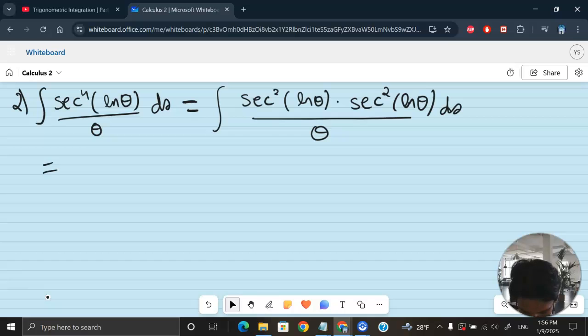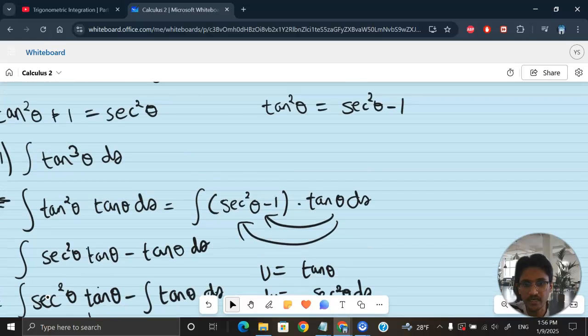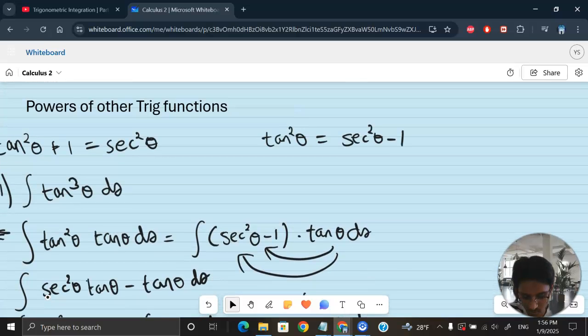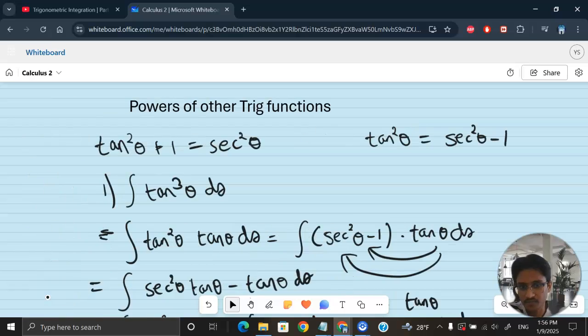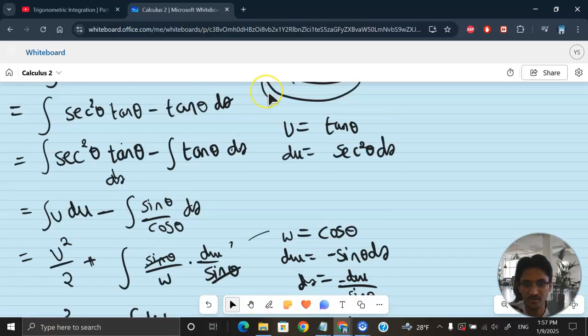So what is secant square theta equal to? That equals tan squared theta plus 1. That's what secant squared theta equals. Now we go back.